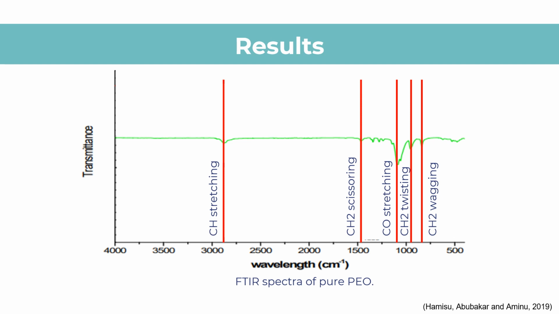In this case, the pristine PEO will show peaks at 2,876 cm^-1, CH stretching; 1,465 cm^-1, CH2 scissoring; 1,087 cm^-1, CO stretching; 971 cm^-1, CH2 twisting; and 836 cm^-1, CH2 wagging.